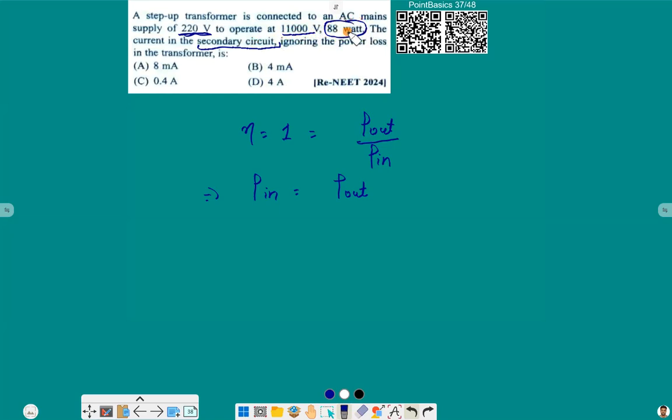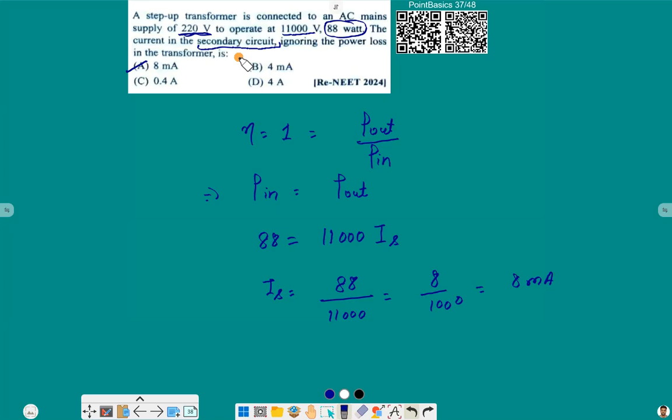So that must be input power, only then it will be possible to solve the question. So input power is 88, output power will be voltage times current, output voltage is 11,000 into secondary current, the output current. So Is will be 88 by 11,000, so 8 by 1000 or 8 milliampere. That will be the answer here, option A.